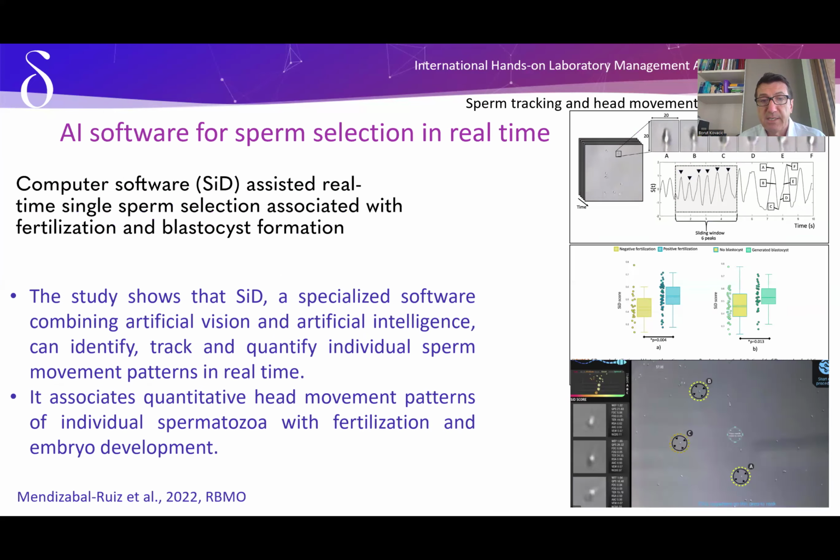Then there is another study. This is computer software, so-called SID, or Sperm ID. It has been developed to assist in selecting individual sperm for ICSI. This SID detects motile sperm and analyzes each sperm in the visual field using a digitizer attached to an ICSI microscope.